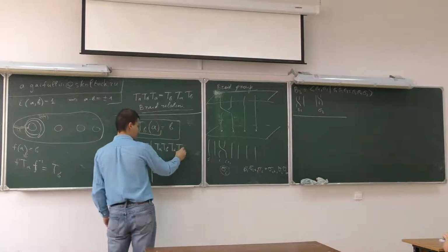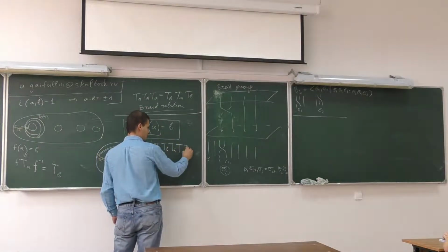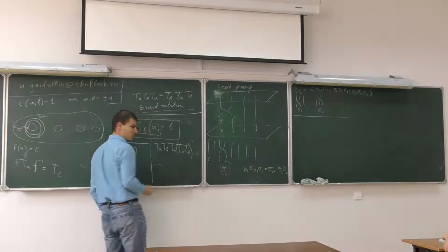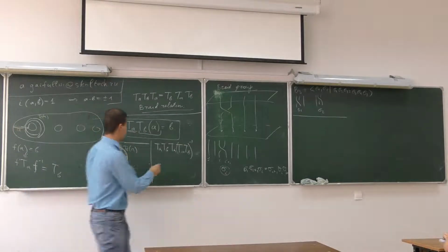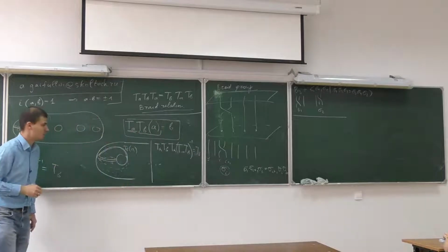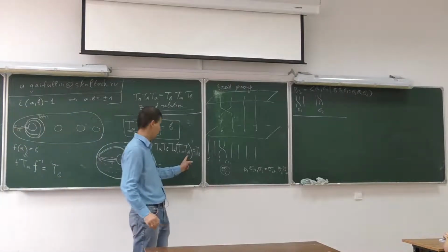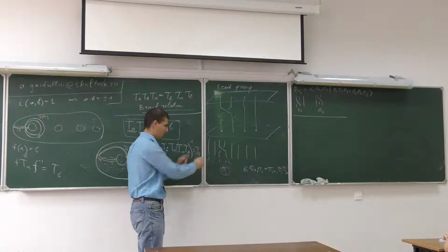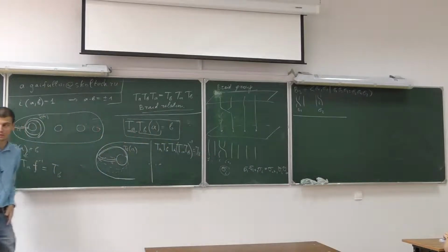Now this conjugate of TA, TB inverse equals TB. Okay, this is the required relation. We just need to multiply by TA, TB from the right, and we get the required relation.